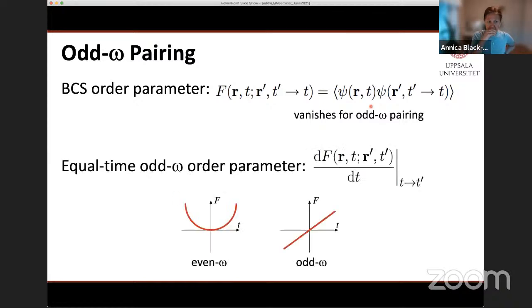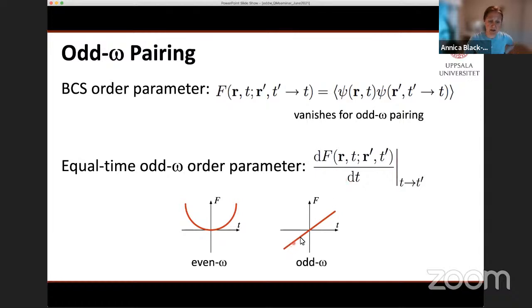If you want to have something that's odd in frequency, how would you quantify it? Well, one simple way, if you want to work in the time domain, is to say, I have something that is odd in frequency, but it's still easiest for us to measure things at equal time. So I still want t go to t prime. And if you then take the time derivative of this expectation value of the Cooper pair, equivalent to the anomalous Green's function, then it's only odd functions that have a finite derivative.